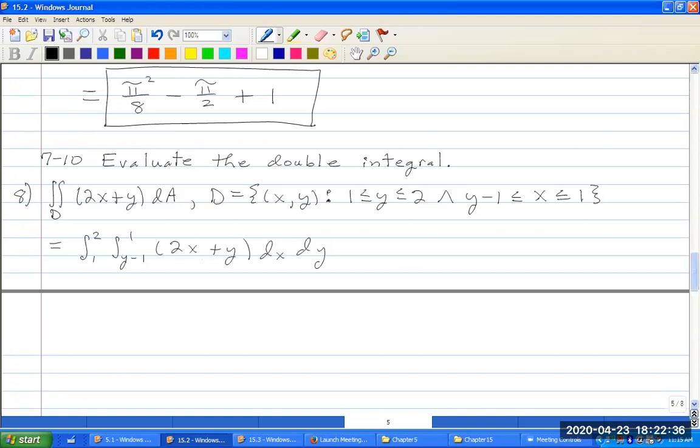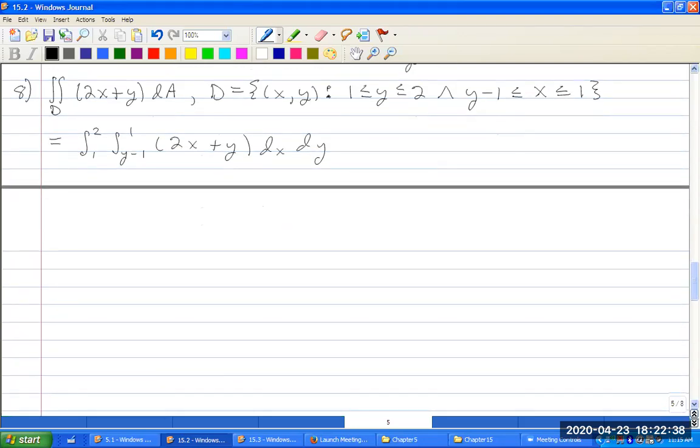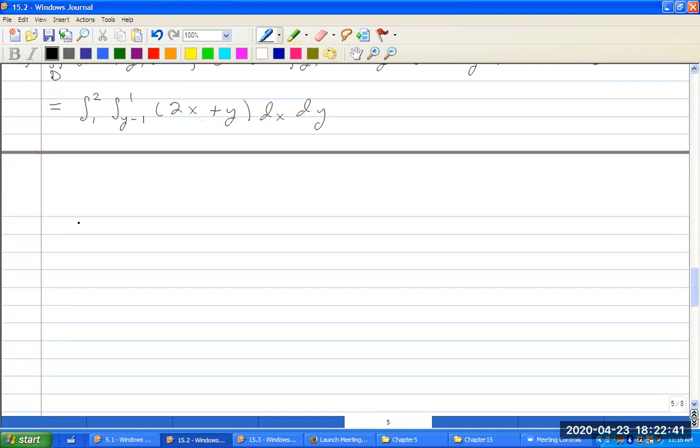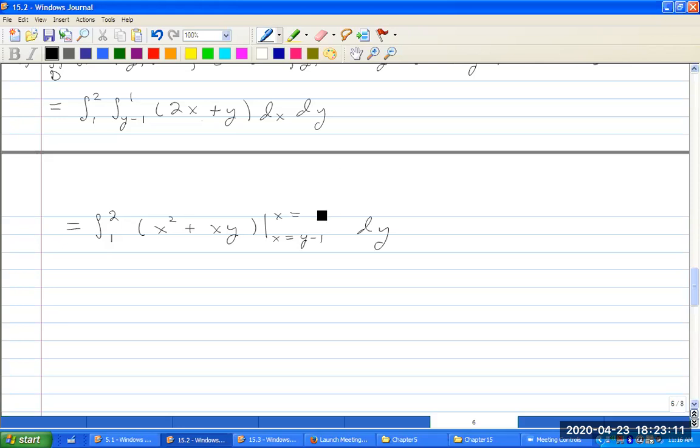So now let's integrate this. So first, I'm going to treat y as a constant and integrate with respect to the variable x. And so this is just going to be, well, integral of 2x is just x squared. Integral of the constant y is just xy. And I'm going to evaluate between x equaling y minus 1 and x equaling 1. And then I'll integrate that, whatever I get.